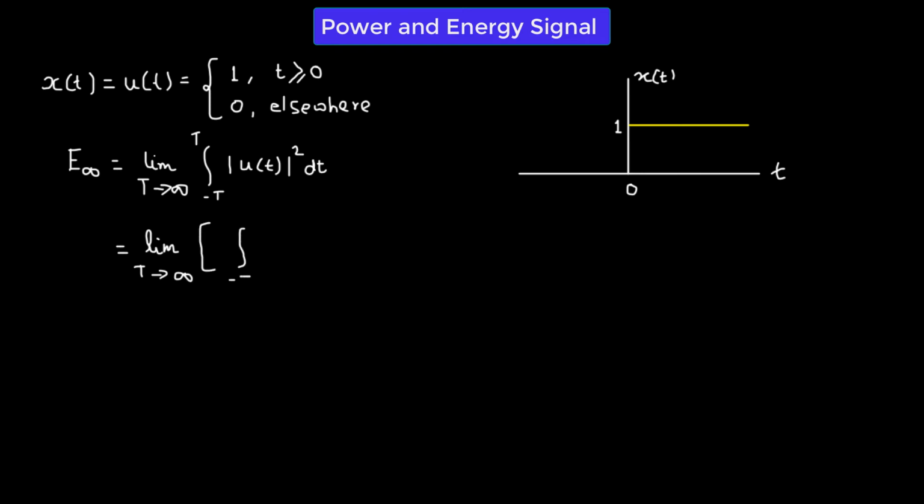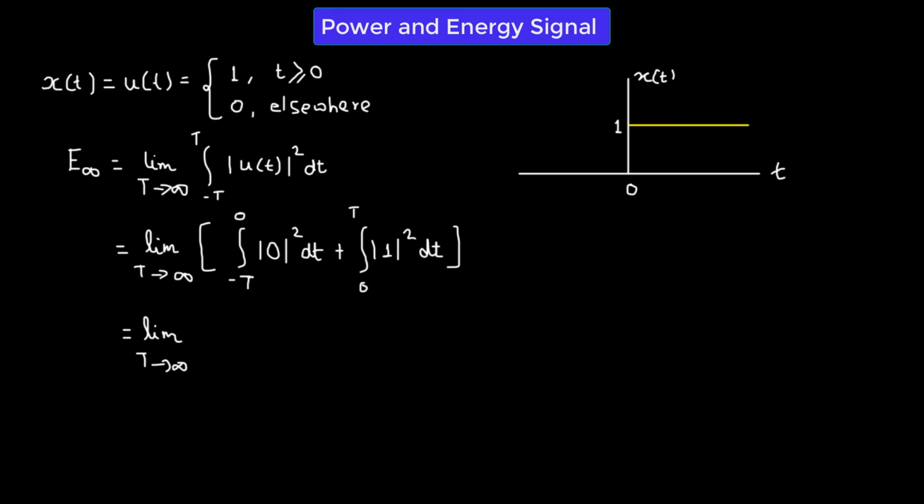First, negative T to 0. As per the definition, the function u(t) has the value of 0 in this limit, so we have the absolute value of 0 squared dt, plus the second part of the integral, which starts at 0 and goes up to T. In this interval from 0 to T, the step function has a value of 1, so we have the absolute value of 1 squared times dt.